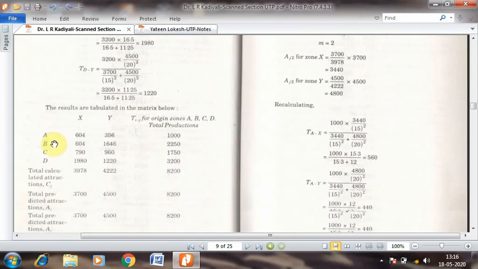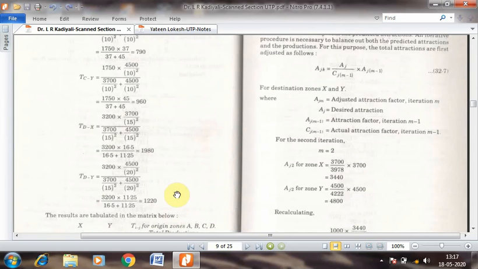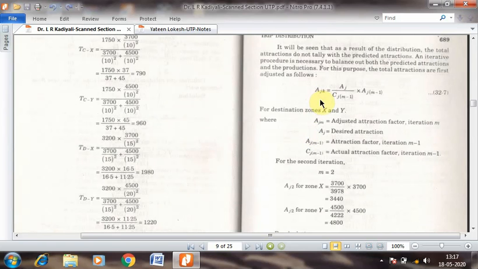After you have tabulated these, and once you have realized that there's a difference between the calculated trips and the predicted attractions, you need to find out something called the adjusted attraction factors for iteration m. So AJM is the adjusted attraction factor for iteration m.